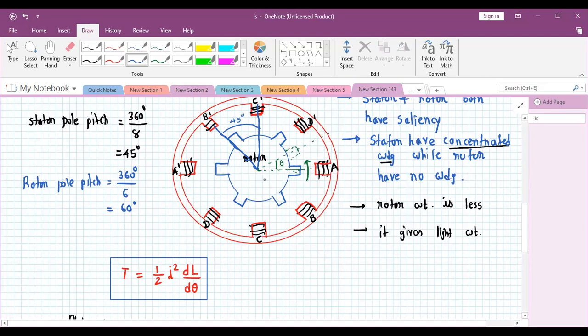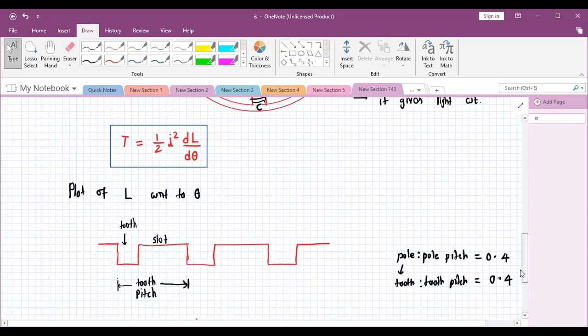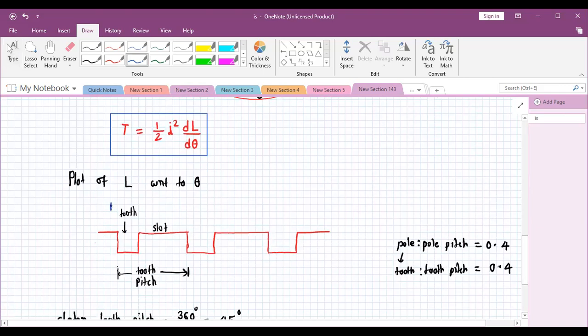Same way, if I will discuss about the rotor pole pitch, then between this, it is 60 degree, and in a stator, it is a 45 degree. Now, what is the meaning of 0.4 pole pitch? Suppose consider that if I will take a total length up to here, tooth pitch, are you getting this particular length?